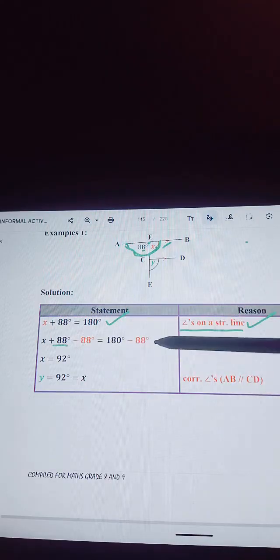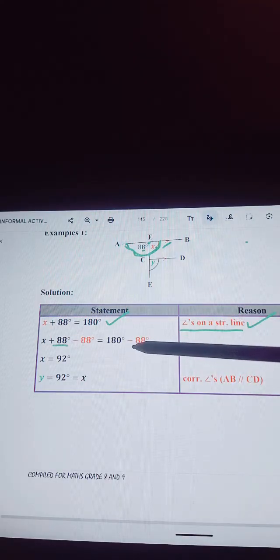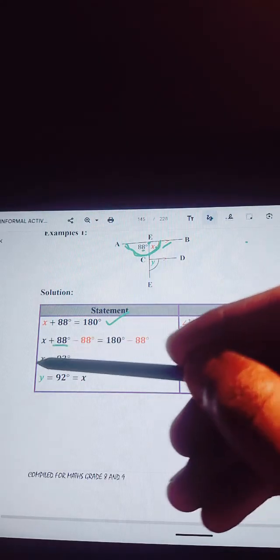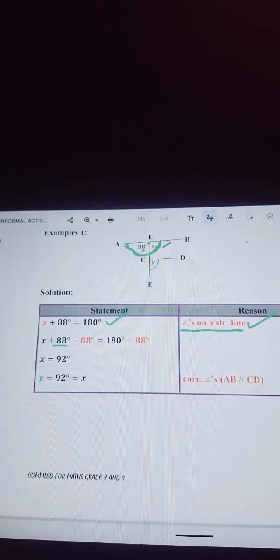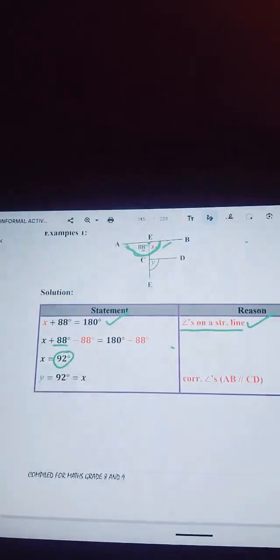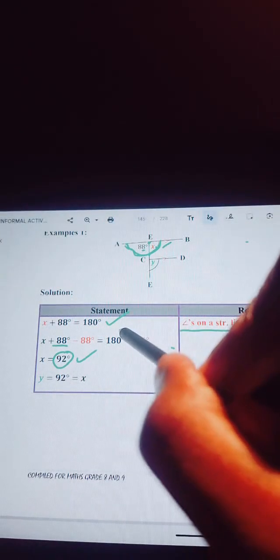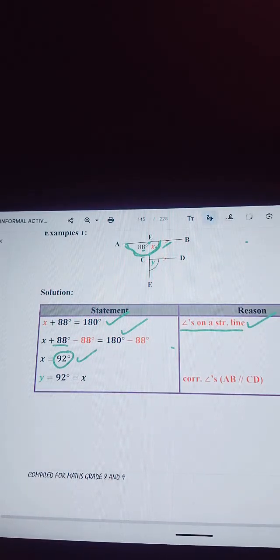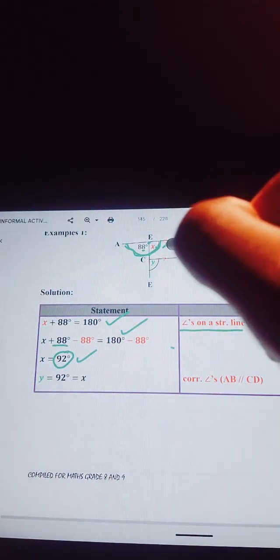So if we minus 88 this side, we have to minus 88 that side. 88 minus 88 leaves us with x alone on the left. Then 180 minus 88 is equal to 92 degrees. Then x is 92.